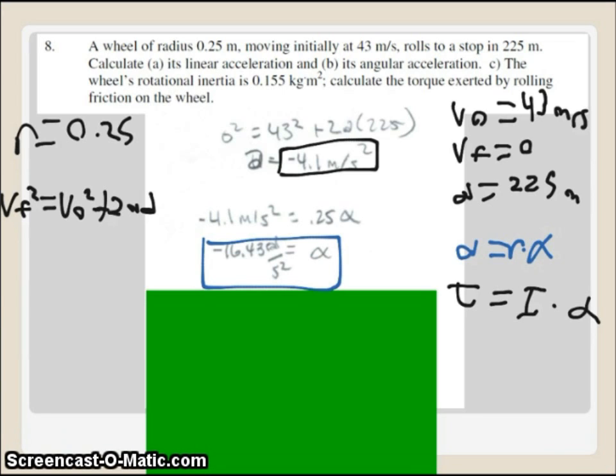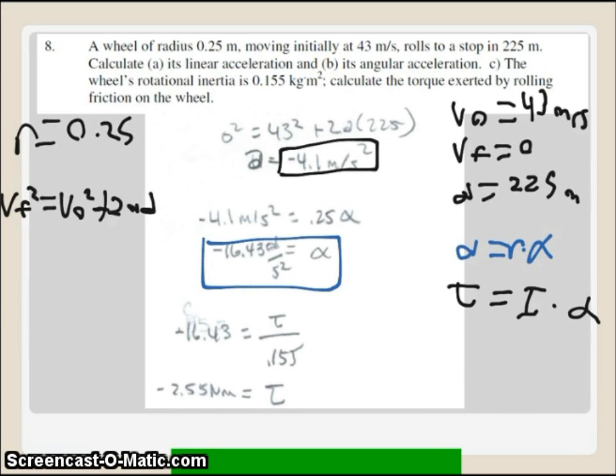And you know both I and alpha, and so you plug it in and solve for torque, and you get negative 2.55 newton meters, and that's what you get.